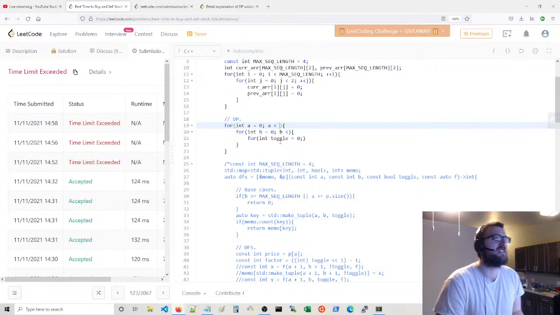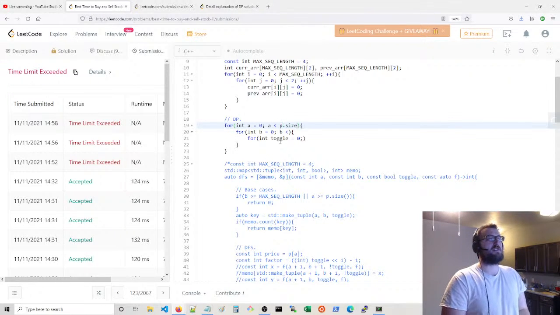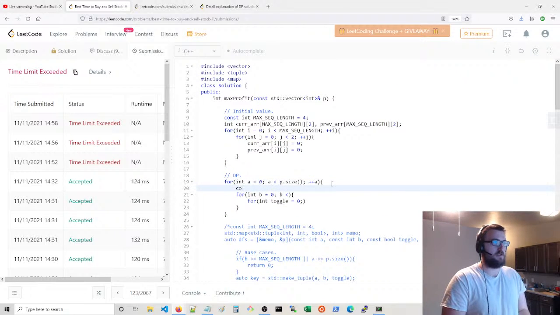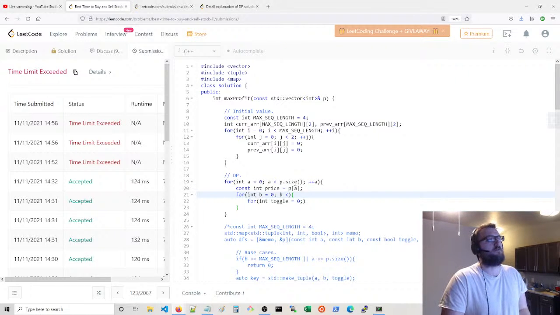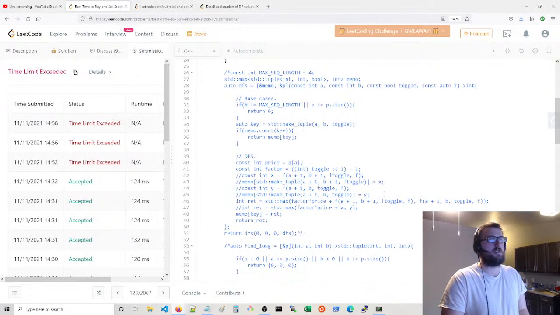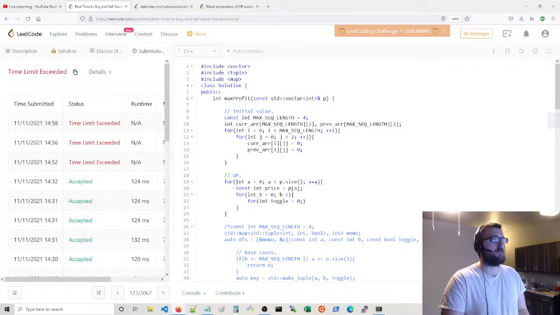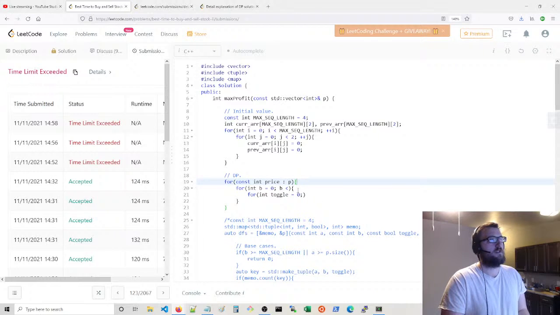So A is going to be less than P dot size, increment A. You could say constant price is P of A. Actually, if you're not using the A at all, you could probably make this loop even smaller and call it just constant price, price of P. That might be better.